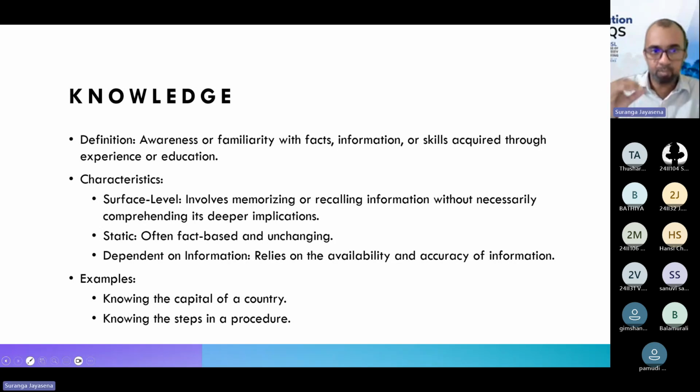So when we talk about knowledge, knowing is usually at surface level, and this is generally static. Static means not changing. So it is a fact, and that is a fact. You just put it in your brain and keep it.